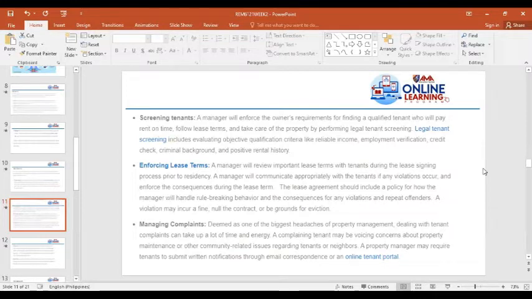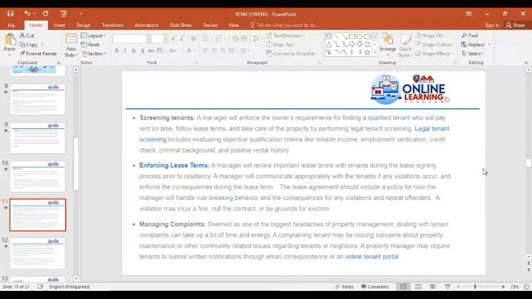So with this, kailangan you have to explain to your tenants with regards to the lease agreement na nakasaad doon sa contract. So be sure that your tenant should follow all the policies na naka-include doon sa lease agreement.